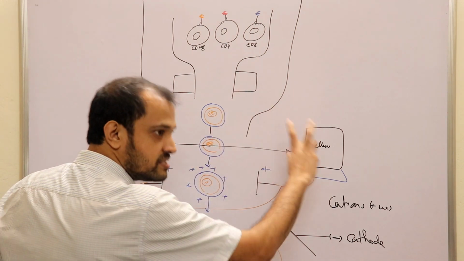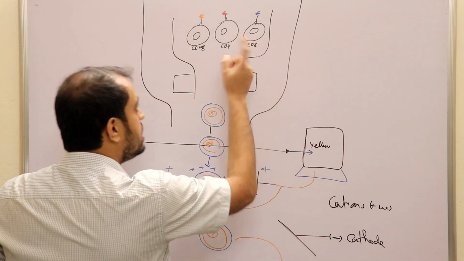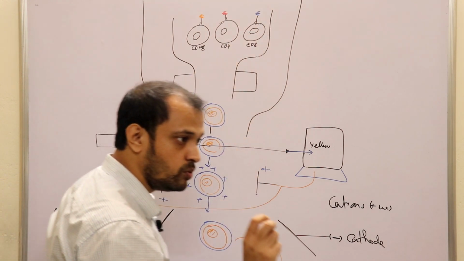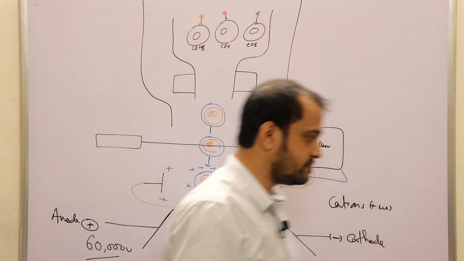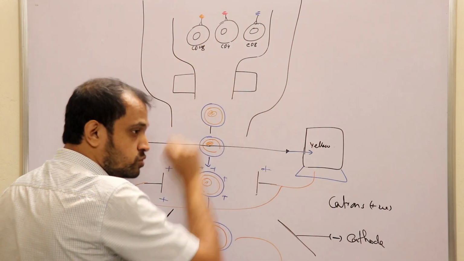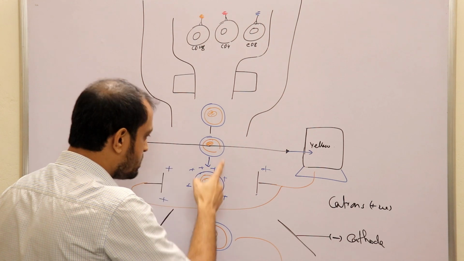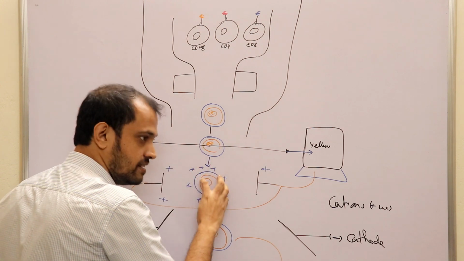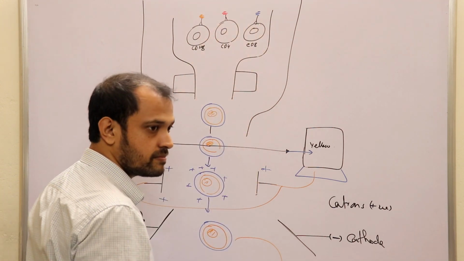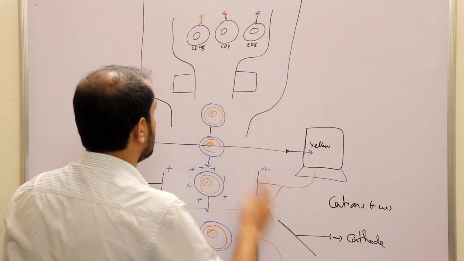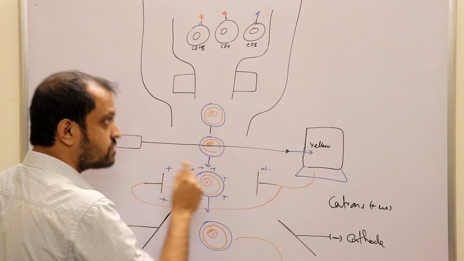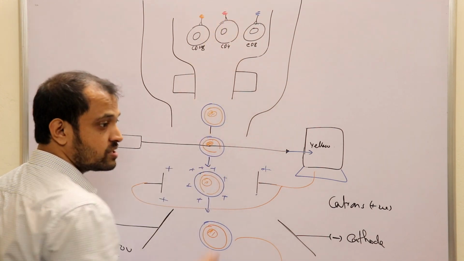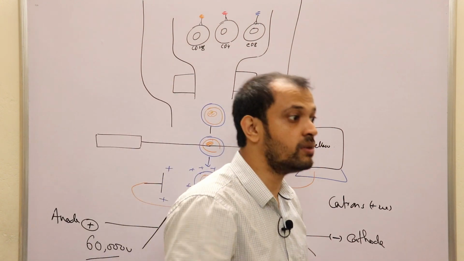If you encounter any cell having a blue tagged antibody, then you should impart a negative charge to the droplet containing the cell having CD8. And if you interact with any cell having an antibody whose FC portion is connected to a red fluorescent protein, then you must not charge it.